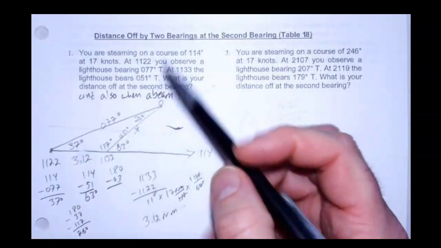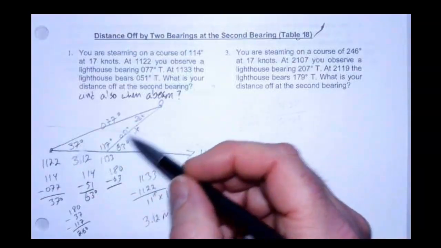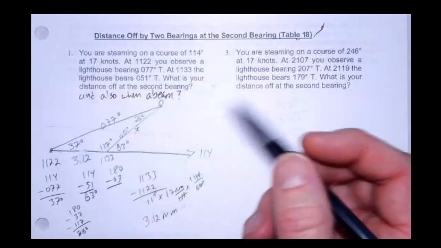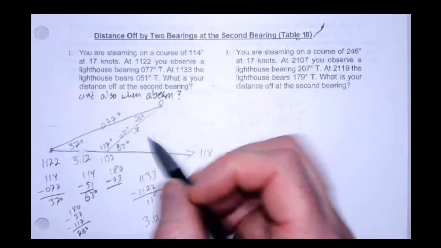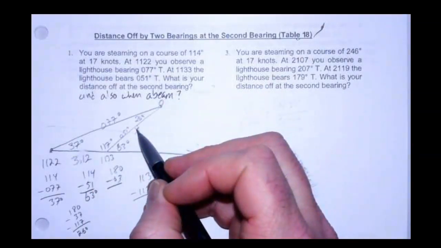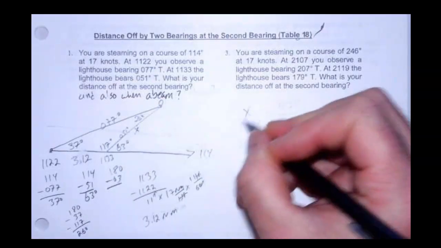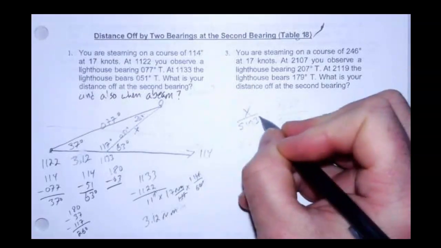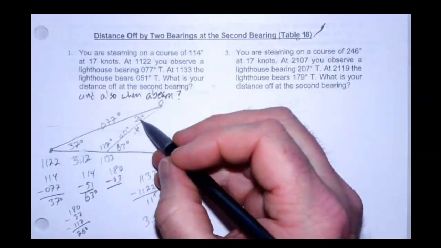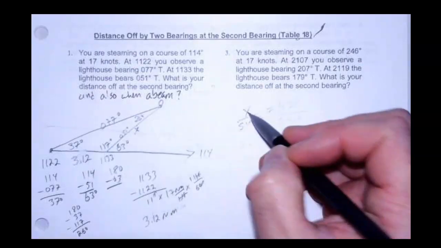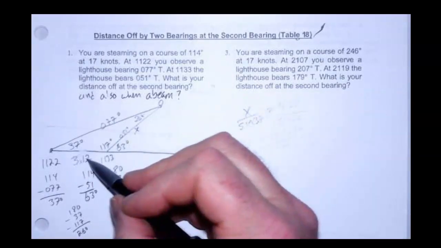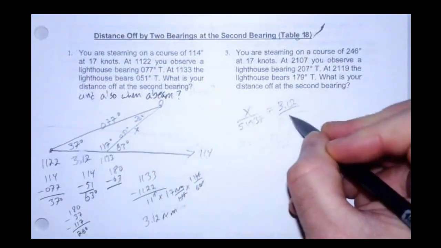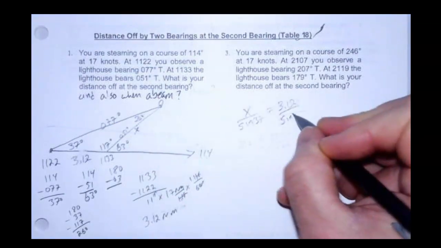Now I'm going to solve for this leg, and I'm going to use the law of sines. If I want to know what this leg is, that's x over the opposite angle, sine of 37, which is equal to the distance on the other side over its opposite angle. That's going to be 3.12 over sine of 26.